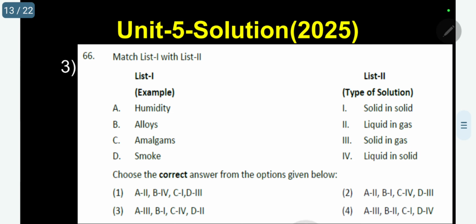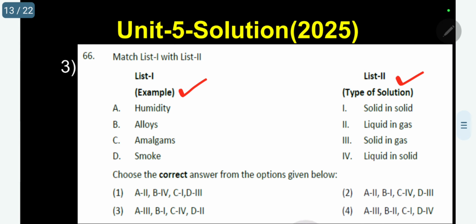This is a very interesting question, again under solutions. Third question. Match list 1 with list 2. Always, in all competitive examinations, a minimum of 1 or 2 match-the-list questions will be asked. On one side, examples are given, and on list 2, the types of solution are given. First, let me read.